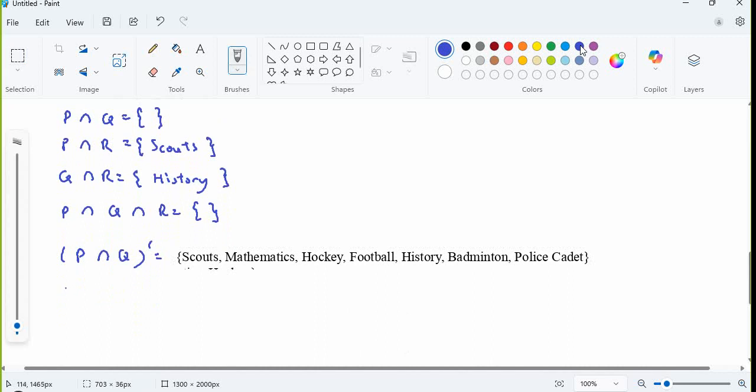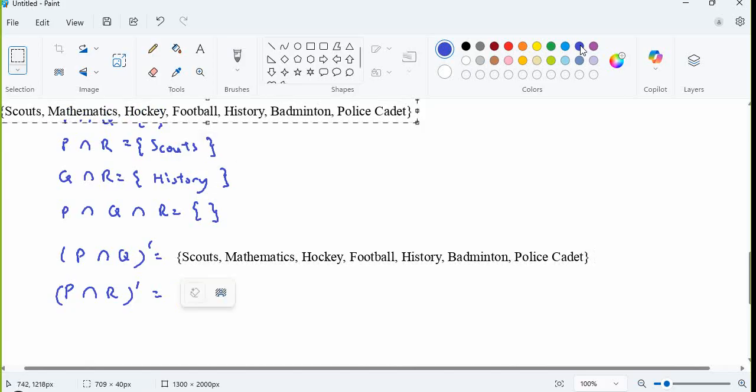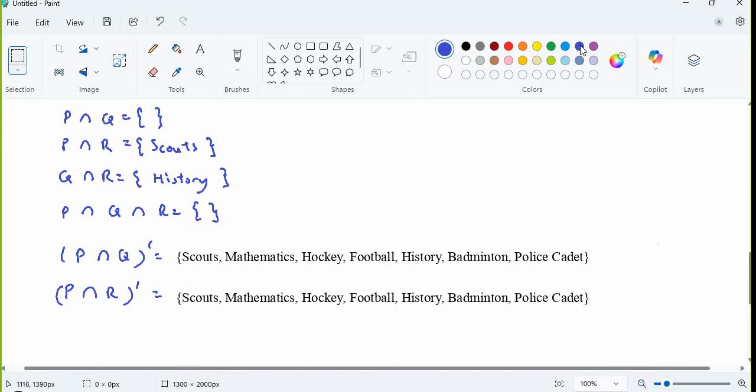And then the complement of this will be the set without scout.